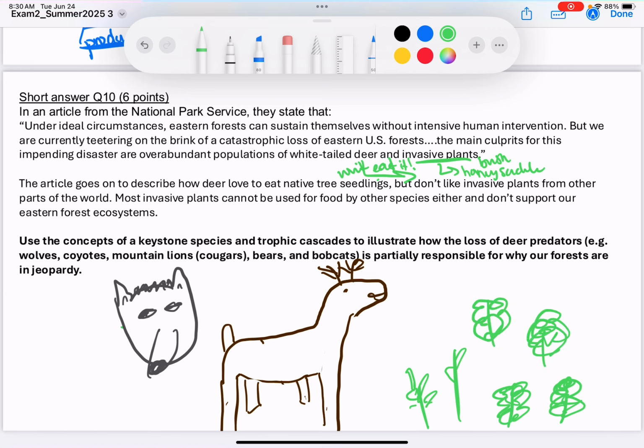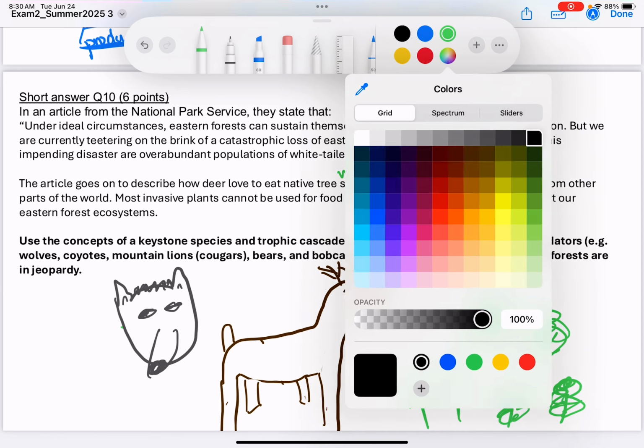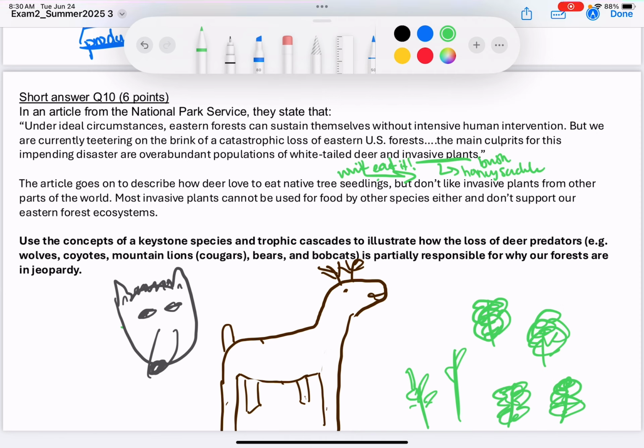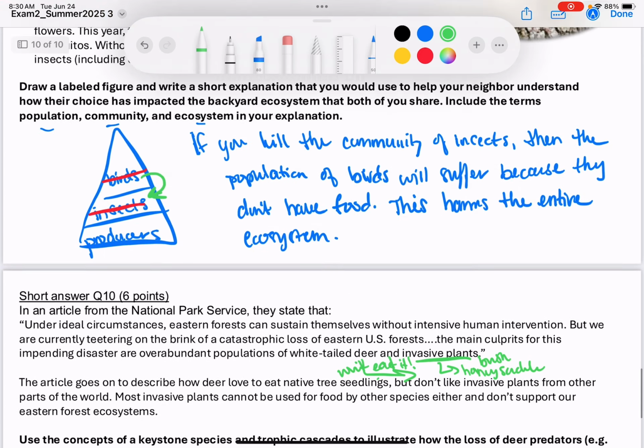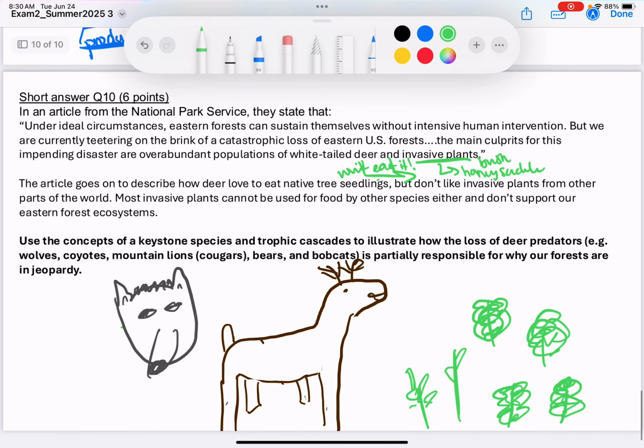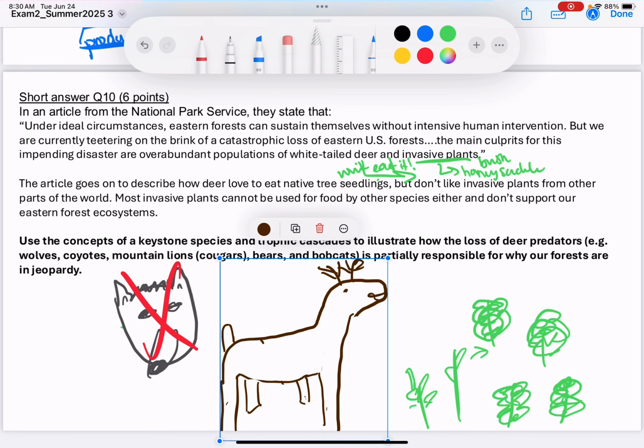And if there were enough of the wolves around to kill off some of the deer, then the deer would stop eating all of these native trees, and they could maybe outcompete some of the invasives, right? But instead, there's no predators, and so there's lots of deer. So there's too many deer.